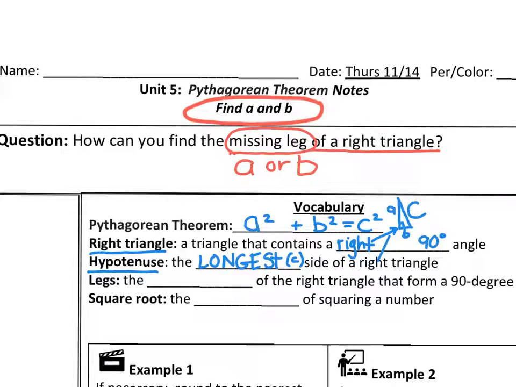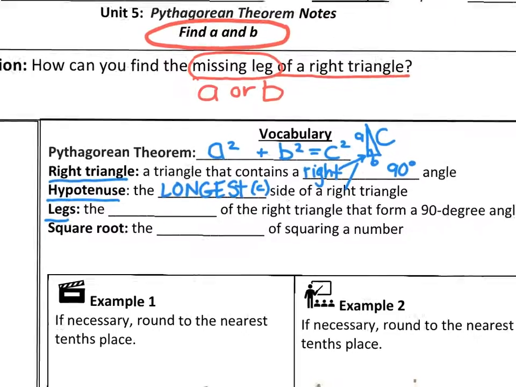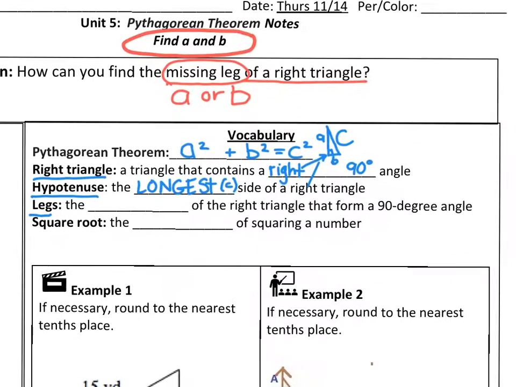Next, we're going to talk about the legs of the triangle. So the blank of the right triangle that form a 90-degree angle. So in this case, if it forms a 90-degree angle, they are the shortest sides of the right triangle, so shortest.